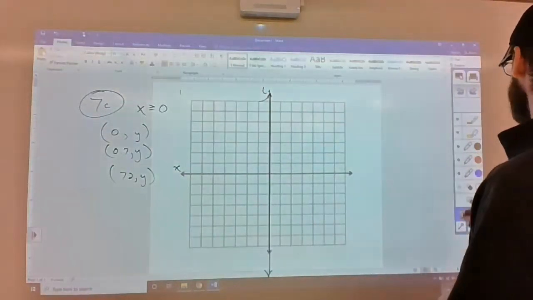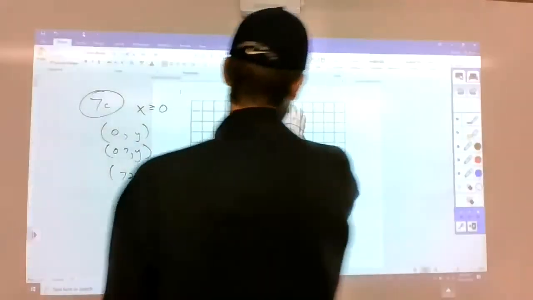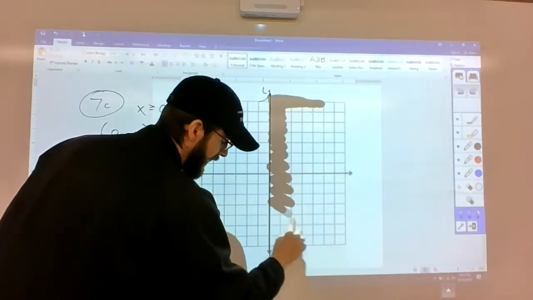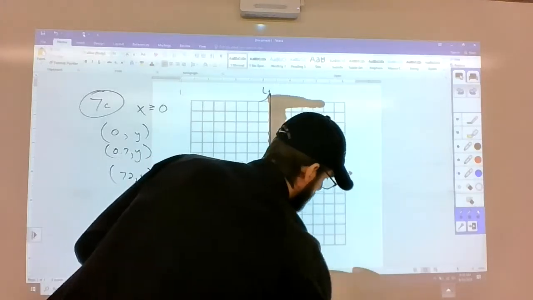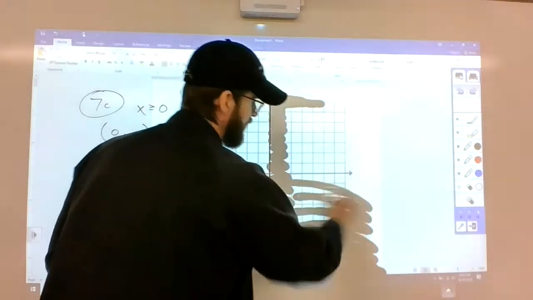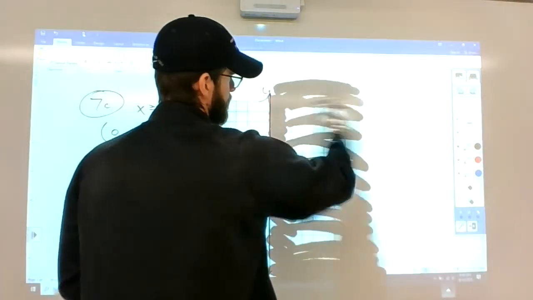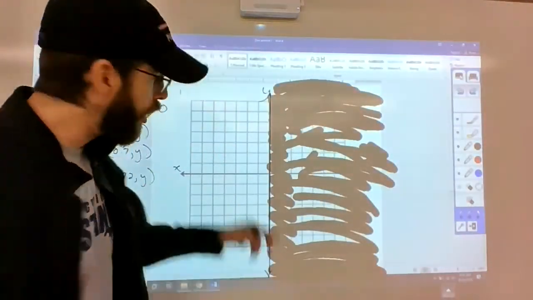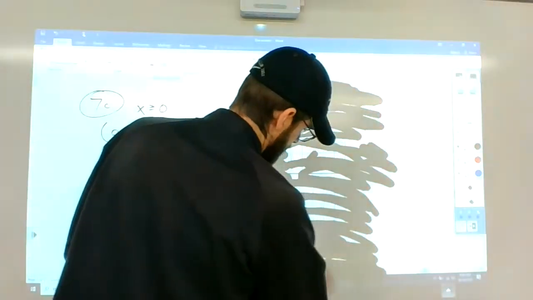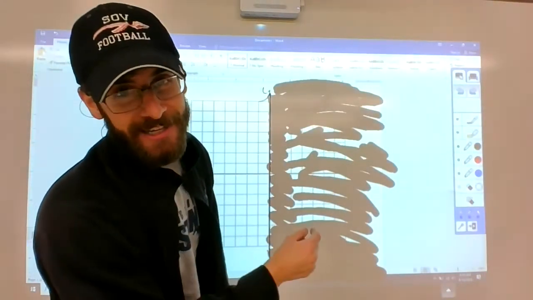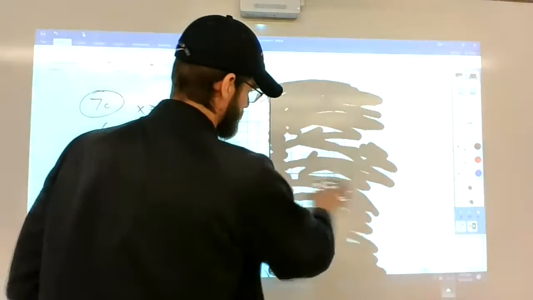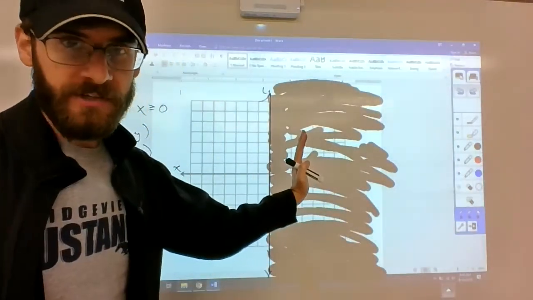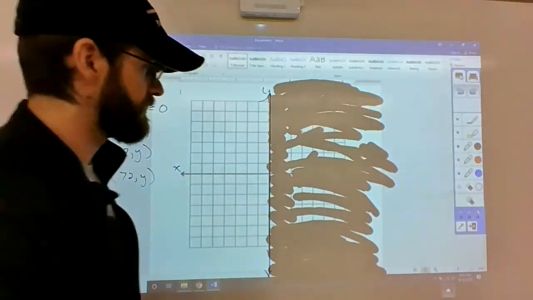So a good way to visualize that is just to think of it in terms of shading. Any point that lives in this shaded region right here. So pretend like that's all shaded in. All of it's shaded. I just don't want to spend the whole video trying to make sure I fill every spot here. Okay, so all points right of the y-axis satisfy those conditions.